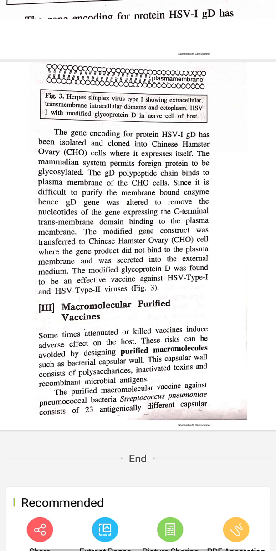The DPT vaccine has been superseded by DaPT, in which the pertussis bacteria is replaced by an acellular component of pertussis. The vaccine especially contains modified inactivated forms of pertussis antigens such as filamentous hemagglutinin, pertactin, and fimbrial antigens. The antibacterial vaccines are made from whole bacteria, their secreted toxins, especially capsular polysaccharides.